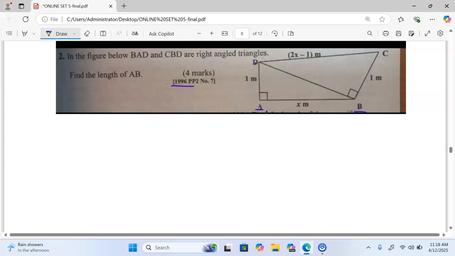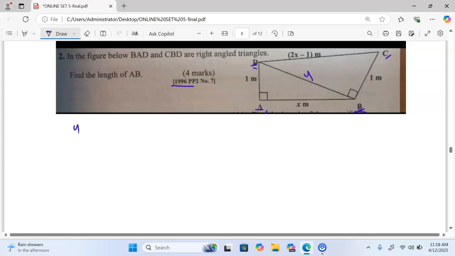We know BDA is a right angled triangle and BDC is another right angled triangle. We know BD is common to both triangles. We can assume the length of BD to be y. Using y for triangle DBC, y is the height, BC is the base, and DC is the hypotenuse.